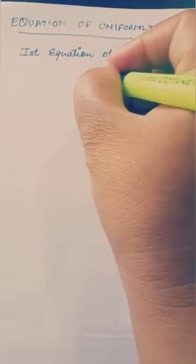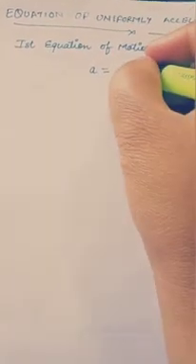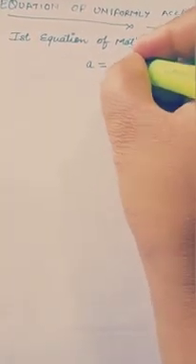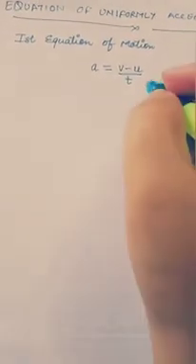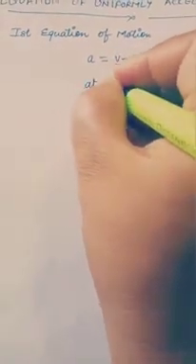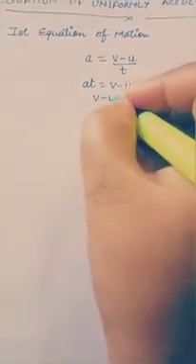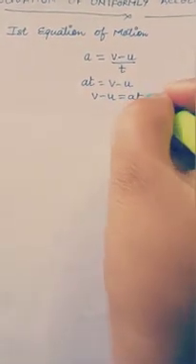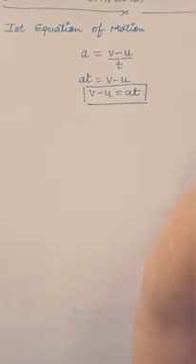So we write it as a equals change in velocity, that is v minus u over t. Now if we cross multiply t to a, that is at equals v minus u. This becomes v minus u equals at. So this is the very first equation of motion.